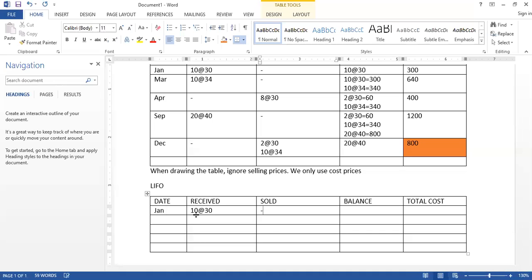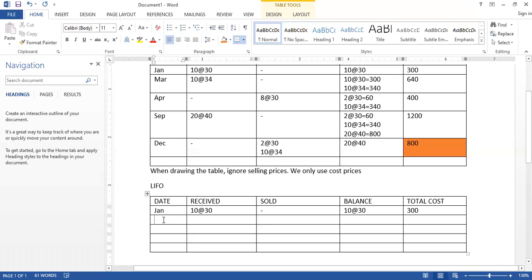So what will be our balance? It will be 10 items at the price of $30. So the total cost is 300. So basically the first transaction is always the same in all the methods when you do not have the balance brought down. Or even when you have a balance brought down, the first transaction is always the same.